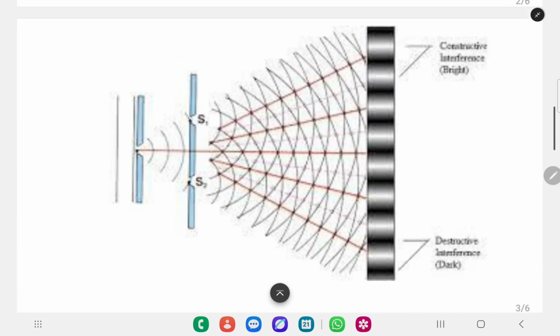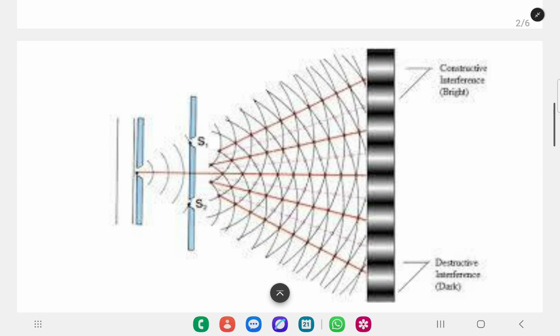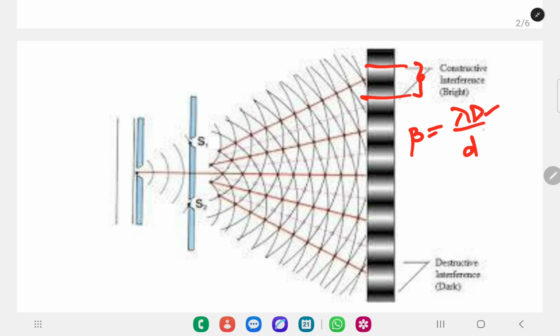And this is due to division of wavefront. In the diagram you can see the division of wavefront. These are the bright fringes. The distance between two bright fringes is beta equal to lambda D by d. Lambda is the wavelength, capital D is the distance between the source and the screen, and small d is the distance between the two sources.